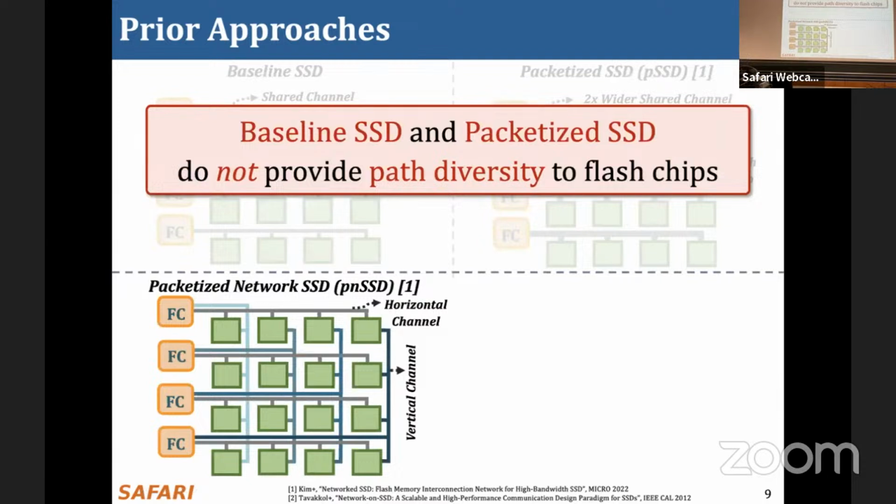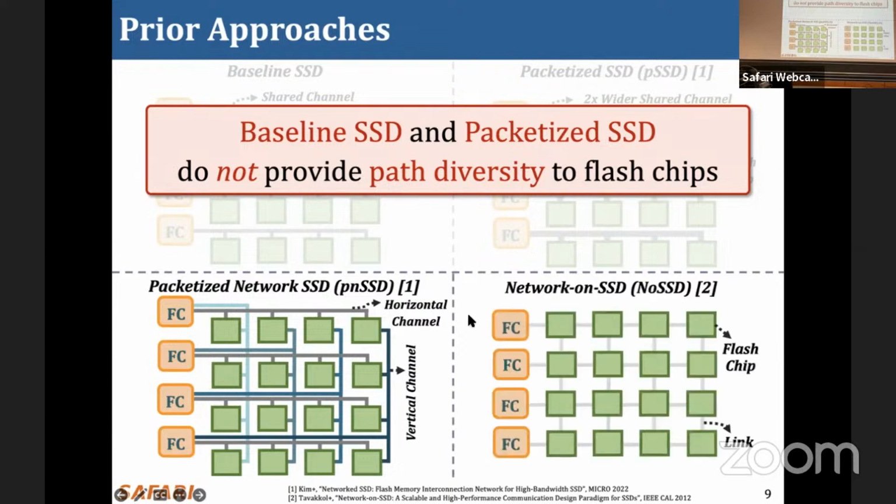That being said, there are some works like packetized network SSD, which is another technique proposed in the previous paper. They discussed adding a horizontal channel and also a vertical channel. Now you can see that we have some path diversity and can reduce the number of path conflicts. But based on our experiment, that doesn't really help much because it only increases path diversity by 2, which is not enough.